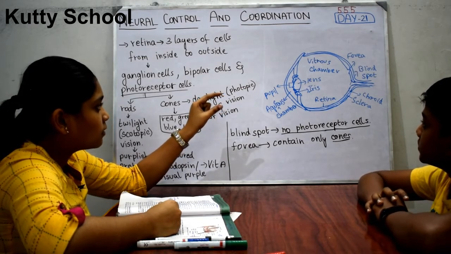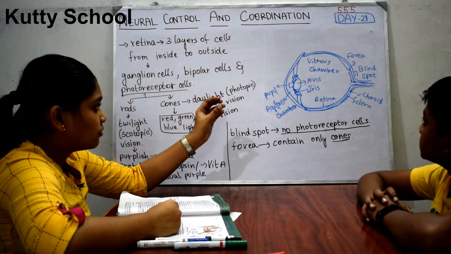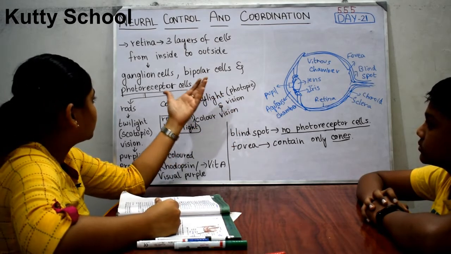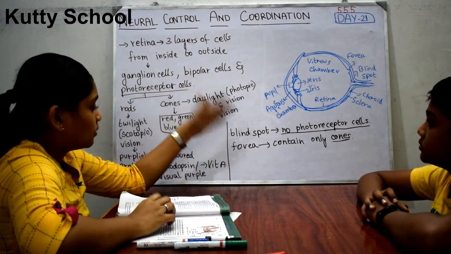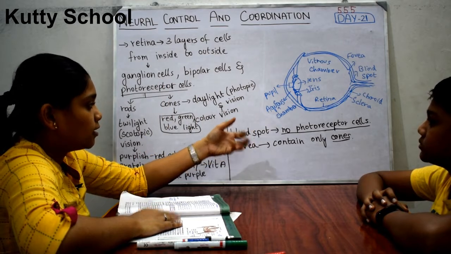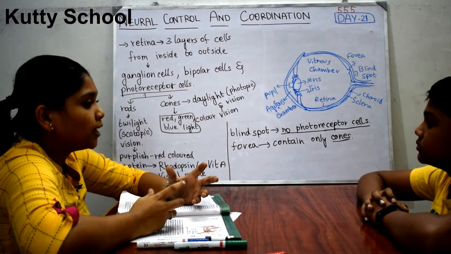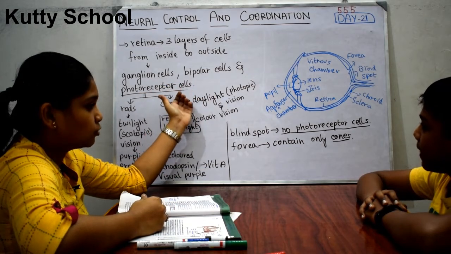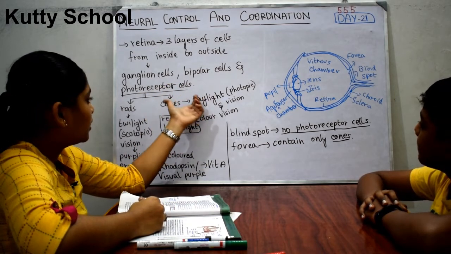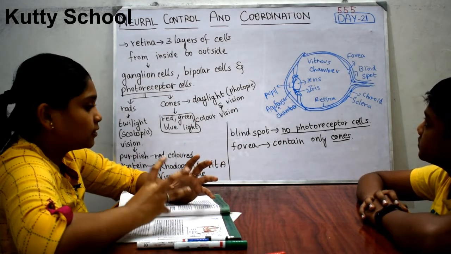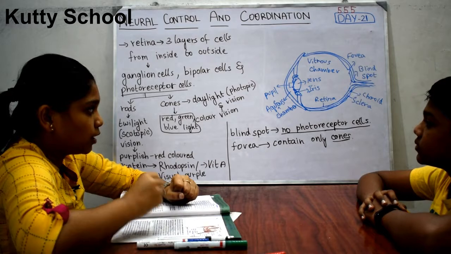Then the light falls on the retina. The retina gets stimulated by that light through the photoreceptor cells, rods and cones. It does not moderate, it just absorbs whatever we see.